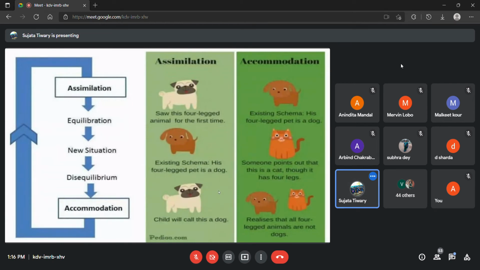But after accommodation, he says no, the bird is living, an aeroplane is non-living, and not everything that looks like a bird and flies in the sky is a bird. It is an aeroplane. This way the learning takes place.